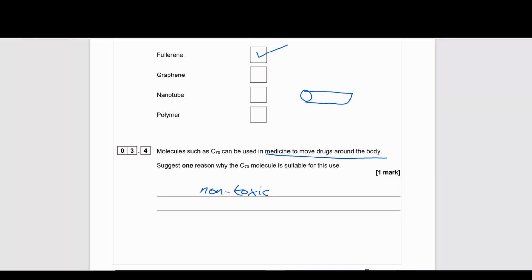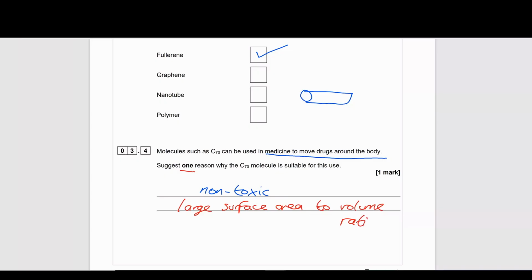But if we had to give another option, a reminder that it's only asking us for one reason, another reason which would be important is that the C70 would be a small molecule because it would need to travel around our body. But if it's a small molecule, that means that it will have a large surface area to volume ratio.